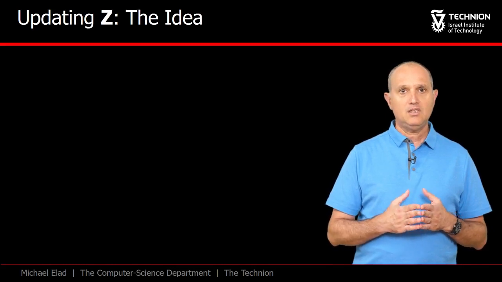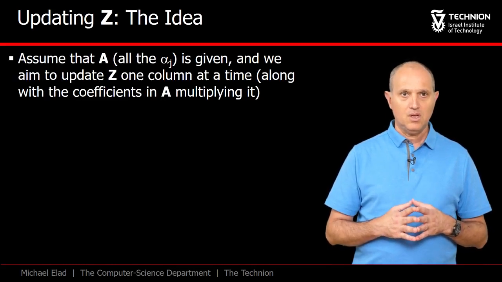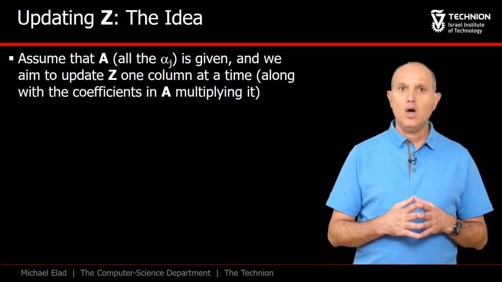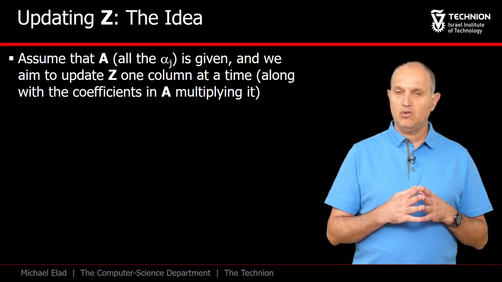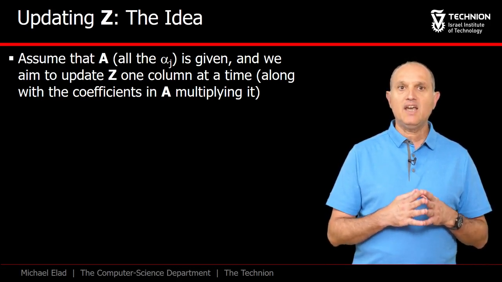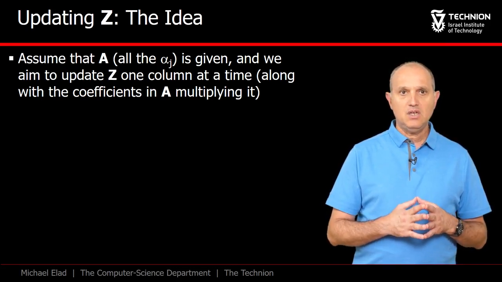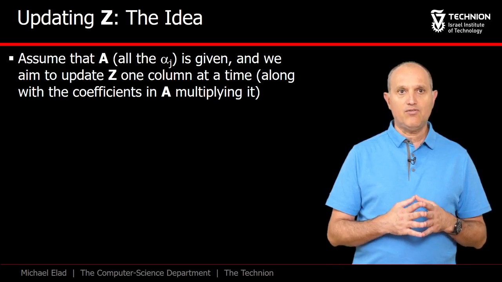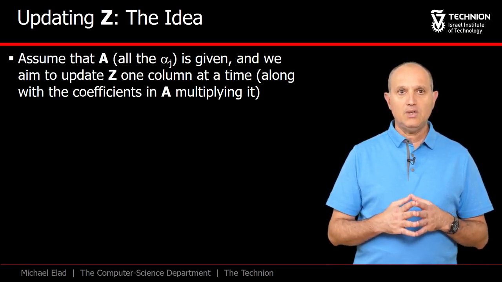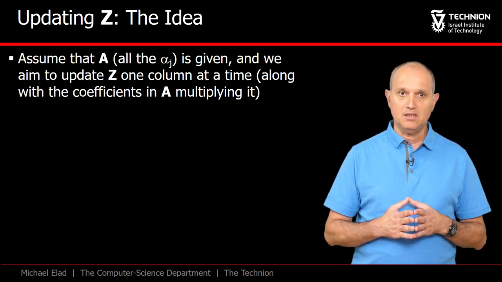The dictionary update stage is slightly more involved. We fix all the representations held in one big matrix A, and we aim to update Z one column at a time. As we have already said, we hope to imitate the KSVD approach, and this means that alongside the update of a column in Z, we will also update the coefficients in A multiplying it.